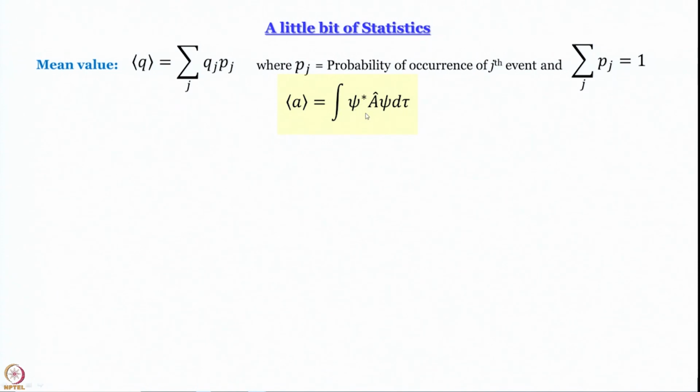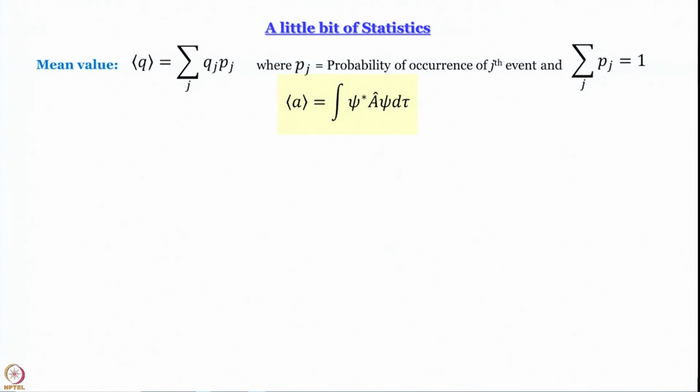Because we can think that for every measurement, using an operator means doing a particular measurement. For every experiment you make this operator operate on psi and you get some value. So, that will come as an eigenvalue equation for that measurement. So, what will you be left with? Aj multiplied by psi star psi. So, we add a large number of those measurements, you get an integral of this sort. Okay. So, essentially the operator operating on psi star psi, that is what the average value or expectation value is.